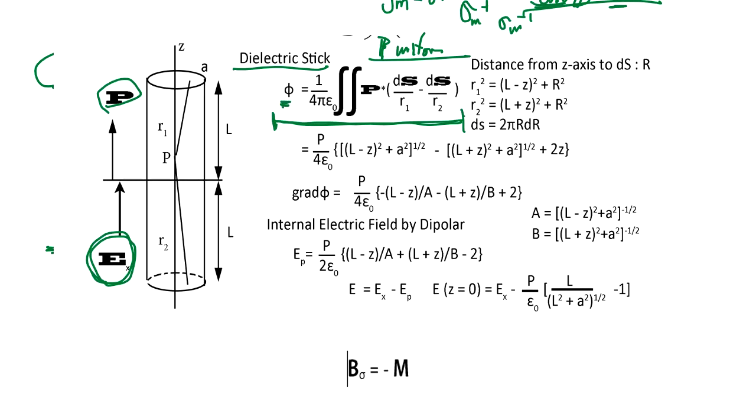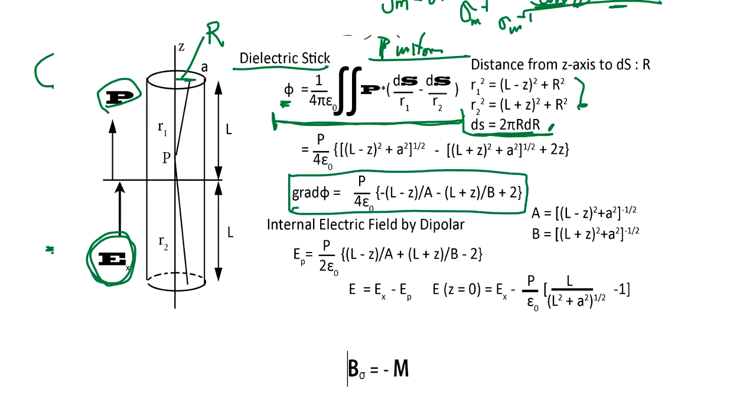We use this and integrate. This r is the radius here, and we use this 2 pi r dr method for integrating. Then we get this equation.